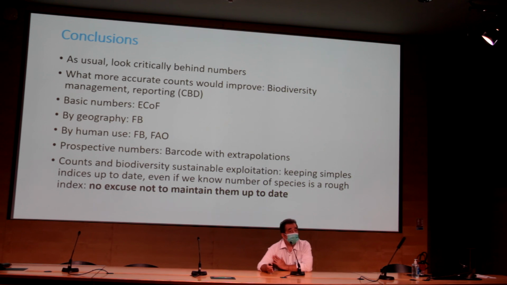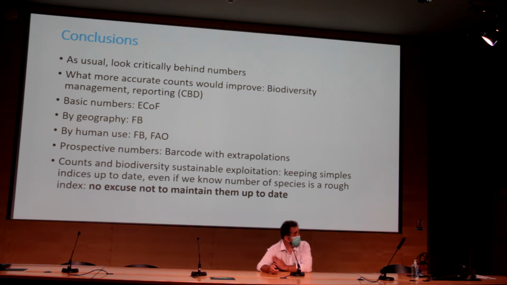Now, if you want to have distribution by geography, it's FishBase that is the most up-to-date. For human use, you have FishBase, but you have also FAO, and I forgot Sea Around Us as well. So it's difficult to take all numbers from only one database. And yes, barcode, it's what I said.